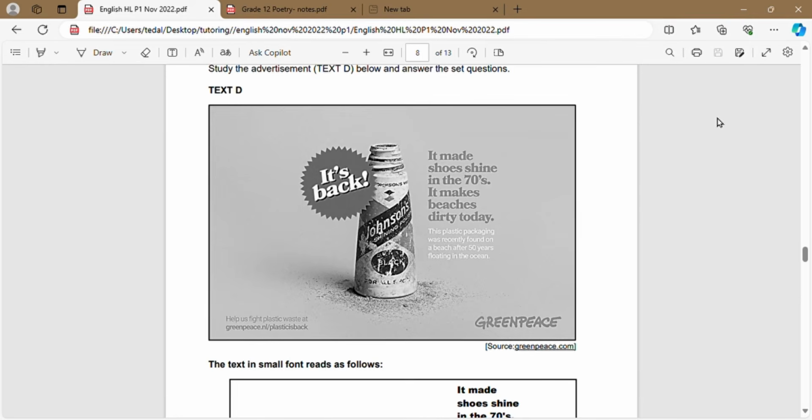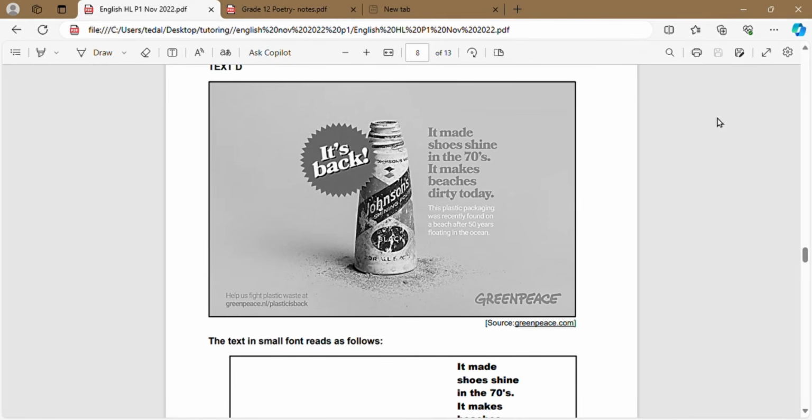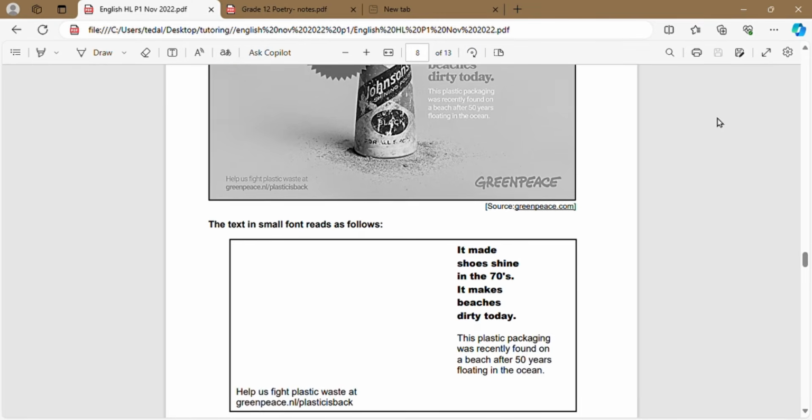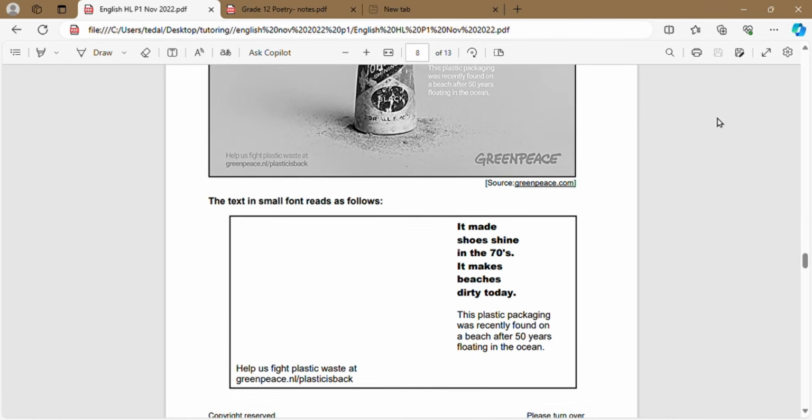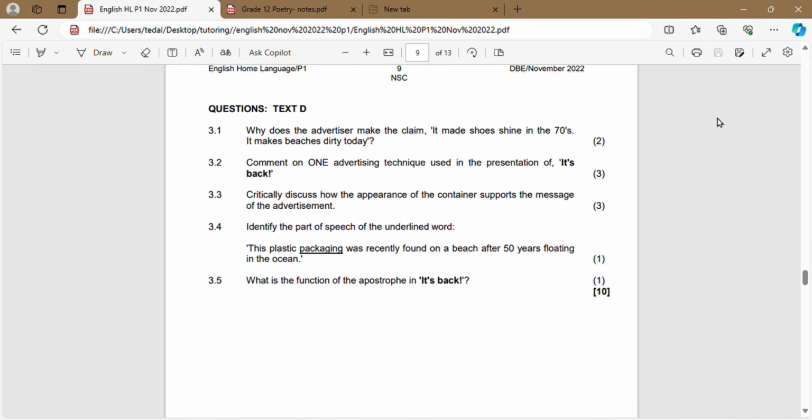It says, help us fight plastic waste at the Greenpeace website link there. So you read it and then you answer the questions accordingly. Then the next section says, the text in small font reads as follows. So they're just showing you what is written there in case you cannot read it.